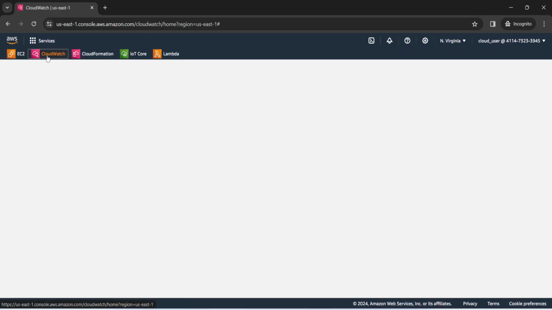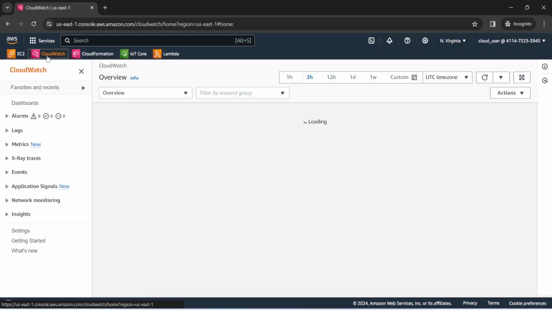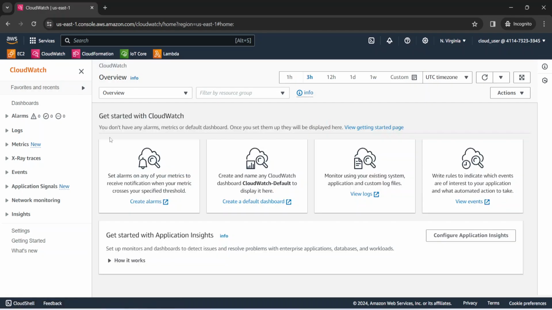Otherwise, you can search in the console for CloudWatch and get it accordingly. So we can see the navigation console, right? On the left, we can see the dashboards, alarms, logs, metrics, X-ray traces, events. They are the different types of controls that we have.